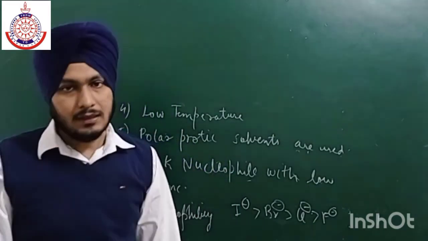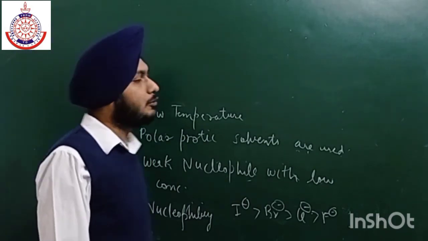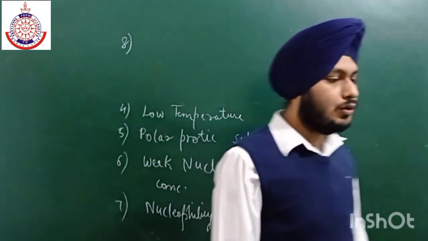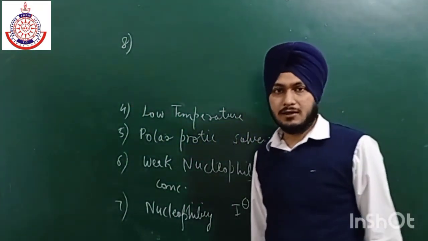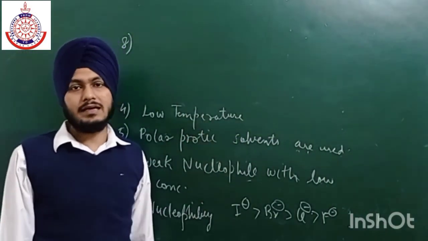Now the last point, which is very important, is that firstly frontal attack takes place and in the first step formation of the carbocation takes place. So the more stable the carbocation, the more will be the rate of the reaction, because in the slowest step formation of the carbocation takes place.